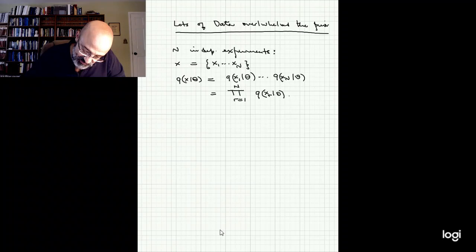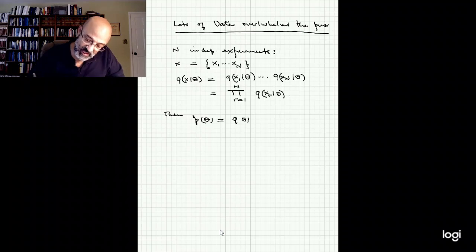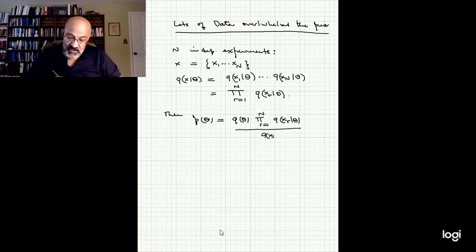Very good. So what we would like to do is say, what is the posterior? The posterior is going to be q, the probability of theta, which is going to be the prior, and then there's going to be the likelihood function, q(xr given theta), and then we're going to divide by the probability of x. Very good.